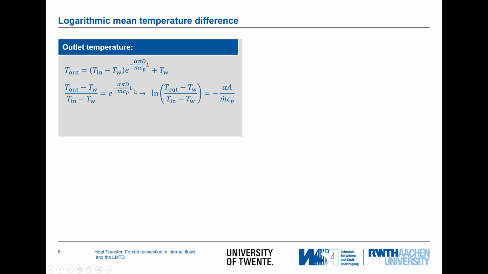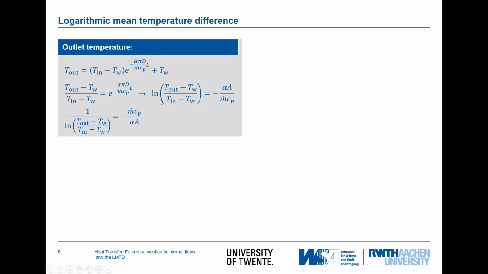On the one side, we have to take the logarithm of both sides. So on the left side, we get an ln of the expression, and here the exponent will drop, and we have brought together the pi d l, which is the total area of the surface, so alpha times A divided by the flow of heat capacity.